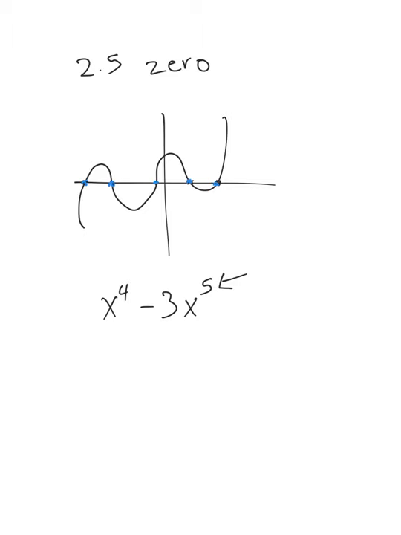That tells me there are a possible 5 zeros. It doesn't necessarily mean it has 5, but there are 5 possible zeros in that function.